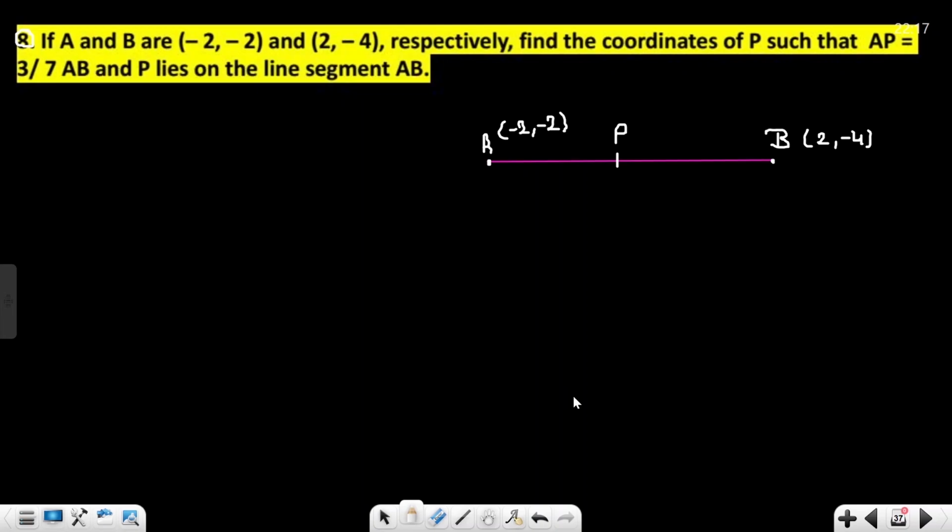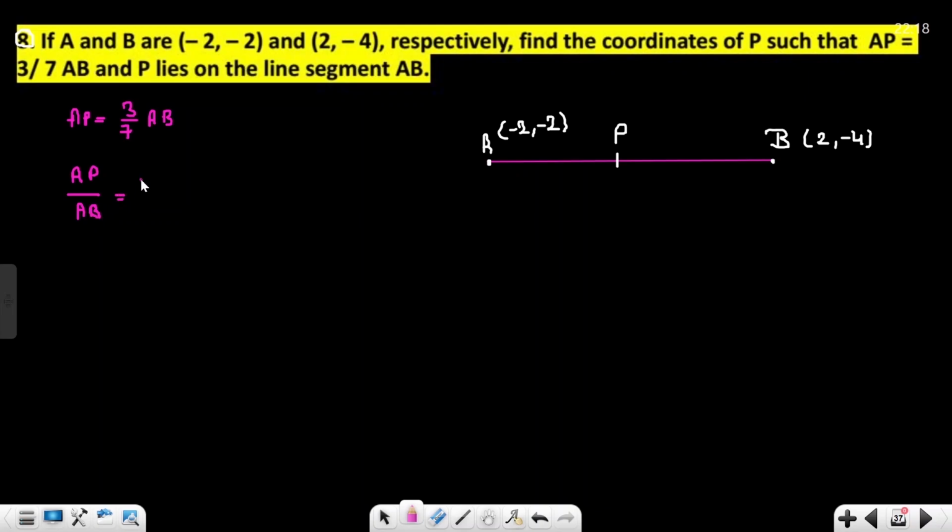Our target is to find the coordinate of P, so we need the ratio. This information, AP equal to 3/7 AB, gives us the ratio. Look here, AP, change the AB side so it comes in the denominator.